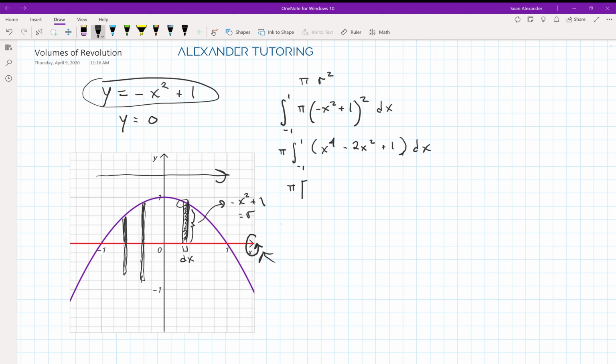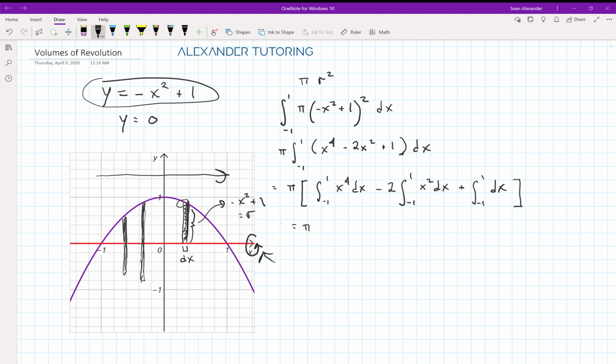So that's going to look something like the integral from -1 to 1 of x to the fourth dx, minus 2 times the integral from -1 to 1 of x squared dx. I took the 2, which is a constant, outside the integral, plus the integral from -1 to 1 of just dx, because it's times 1. Okay, so our only job is to solve these basic integrals, which shouldn't be too bad.